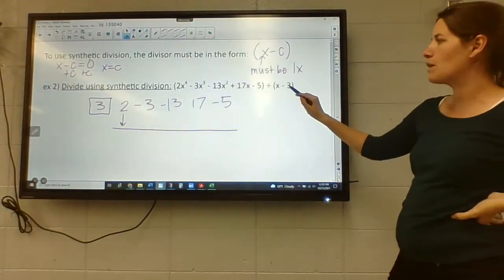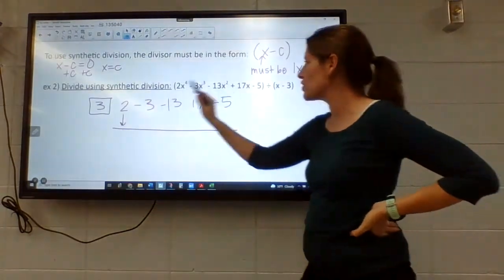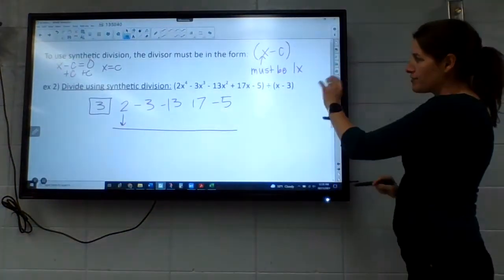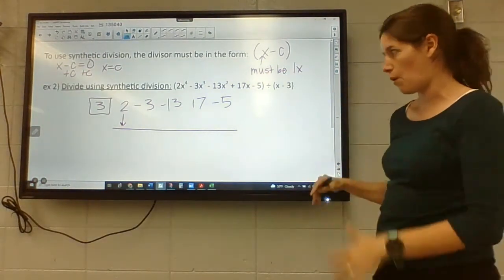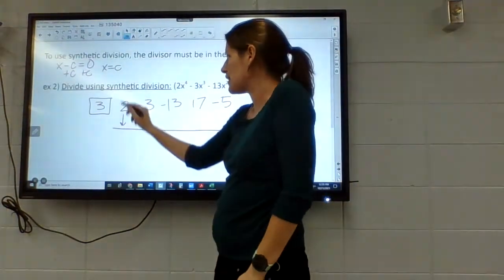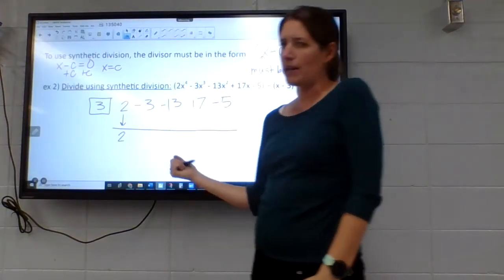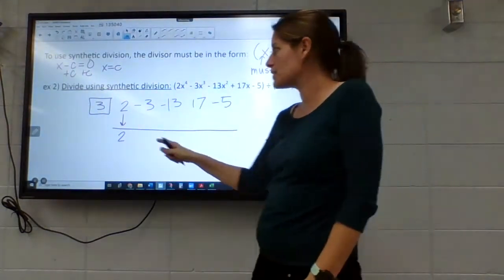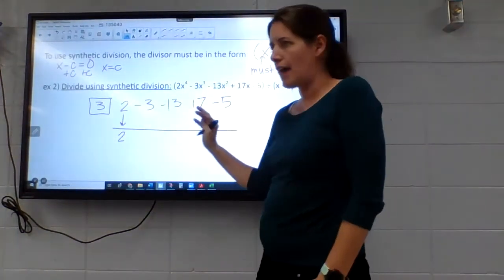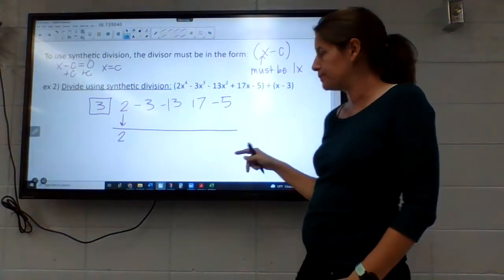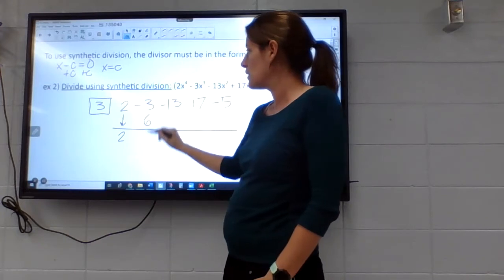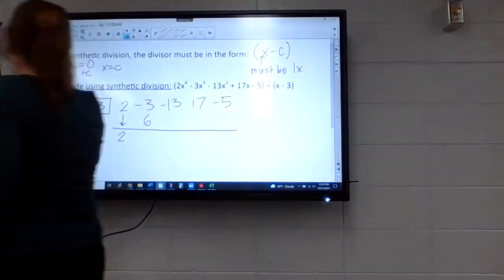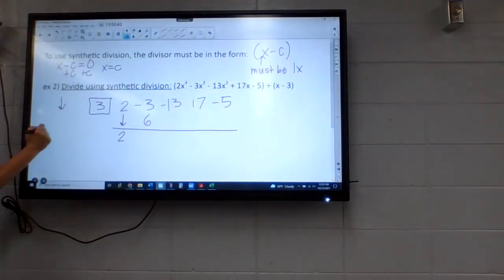All right, so again, when I put this number in the little box over here, I have to do the opposite sign. So that's really important, otherwise the rest of this won't work. So we're going to divide using synthetic division. Now we're not evaluating, so we're not just trying to find the answer on this one, we're trying to get the actual polynomial. So 3 times 2 is going to be 6. And again, we're adding. So again, remember your steps. You drop down, multiply, and then add.